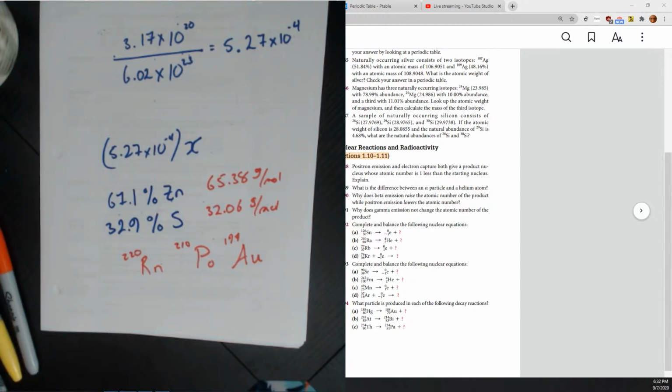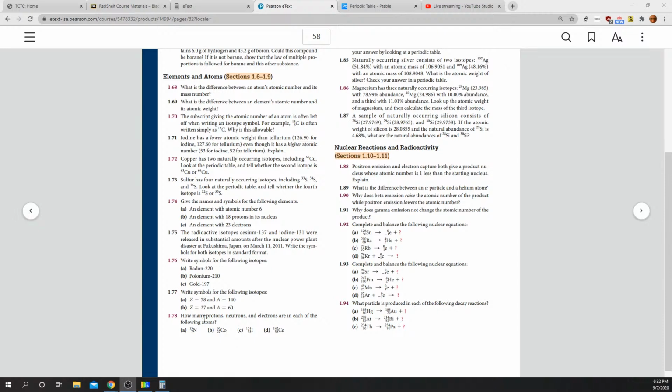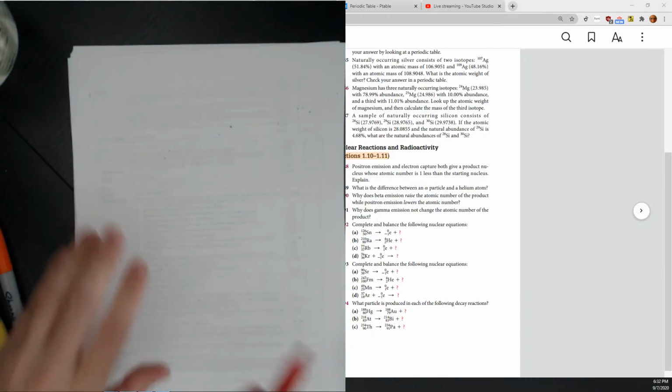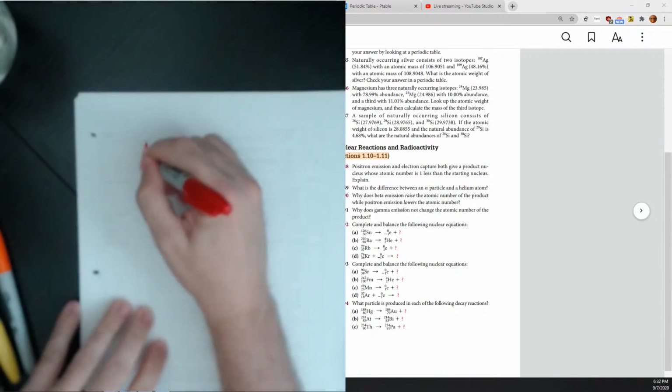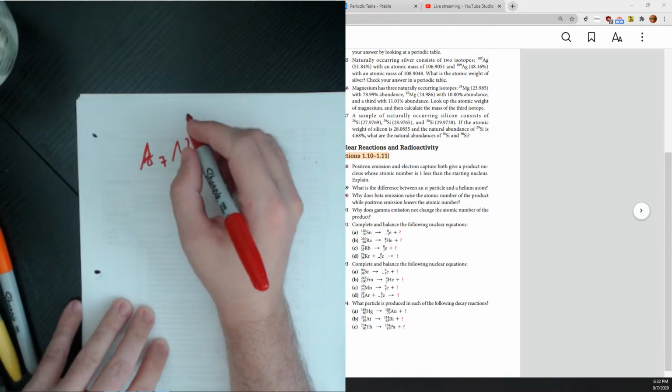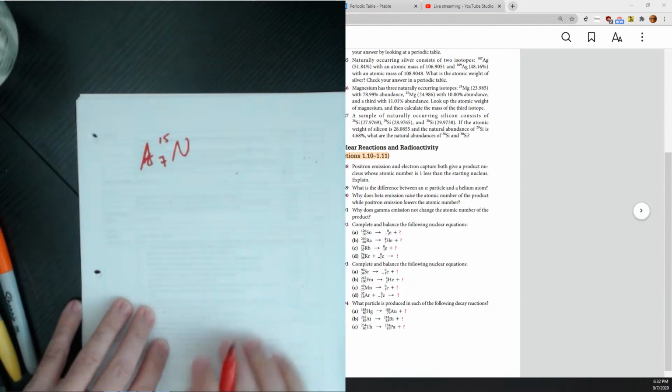78. How many protons, neutrons, and electrons are in each of the following atoms? Okay. Slightly more interesting problem. So first up we have an atom of nitrogen. Atomic number 7 and mass number 15.